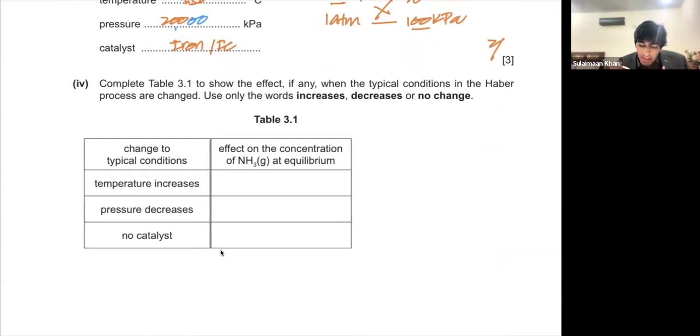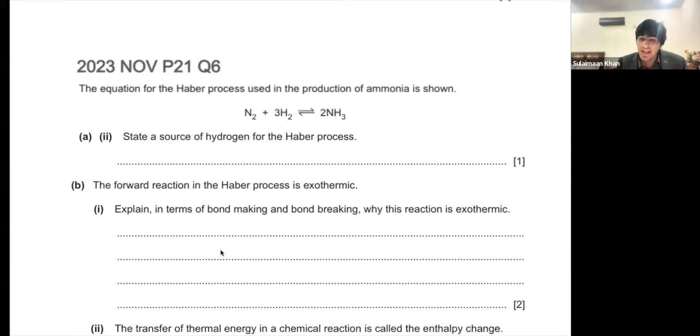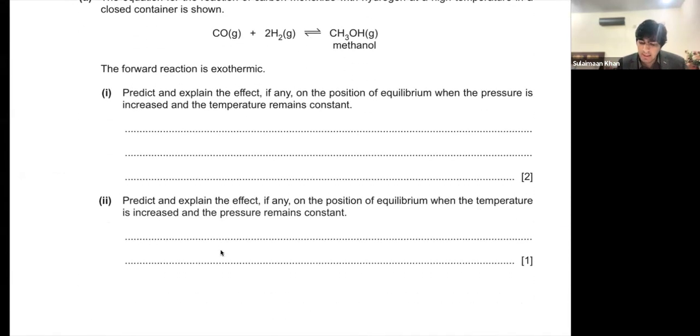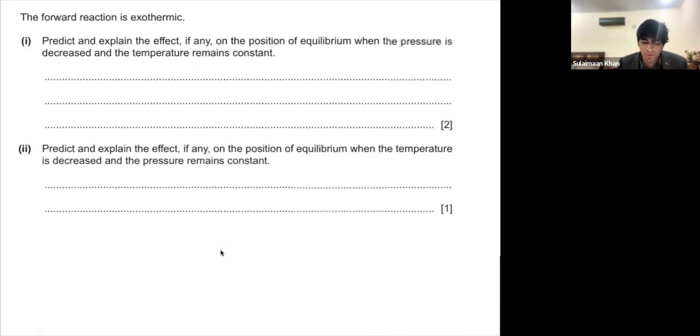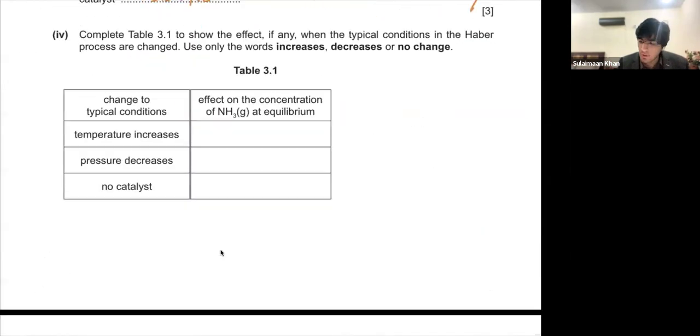Look at this, same question, exo endo, same thing, predict the temperature, equilibrium. No difference whatsoever.